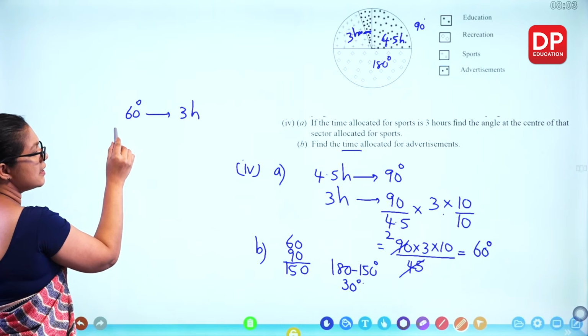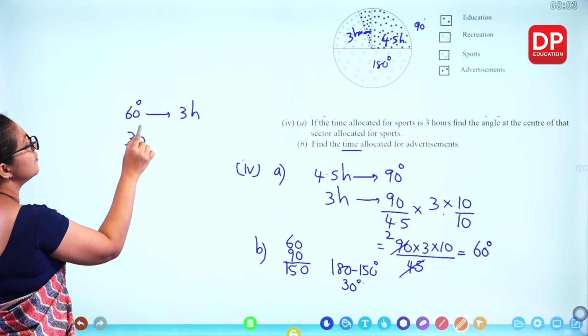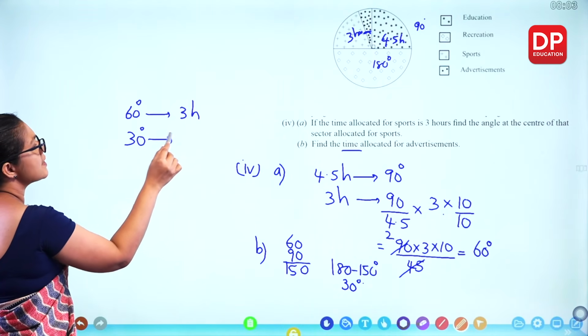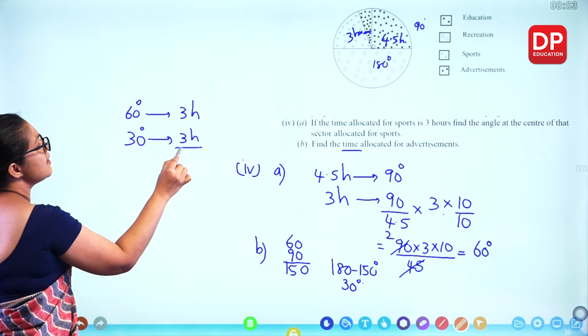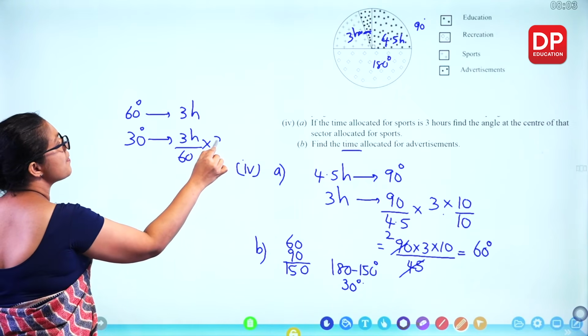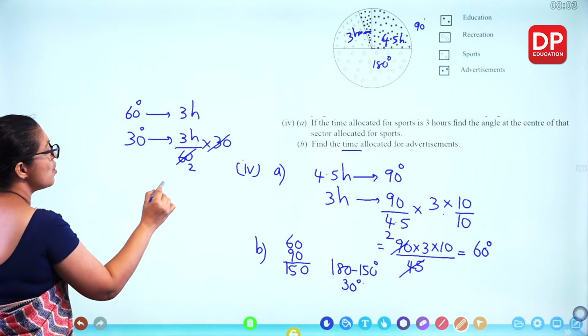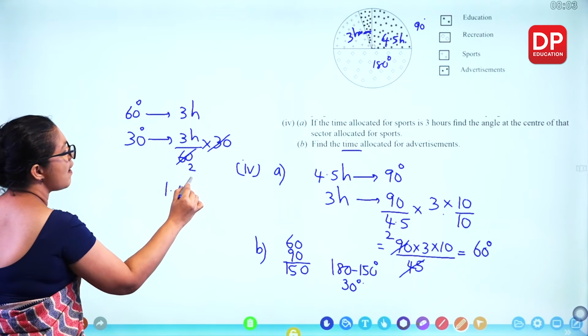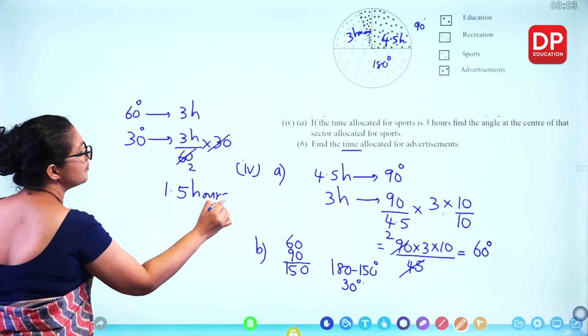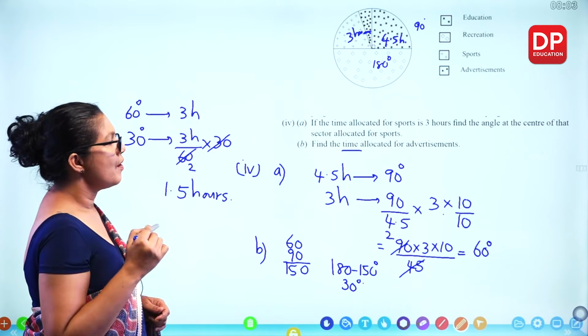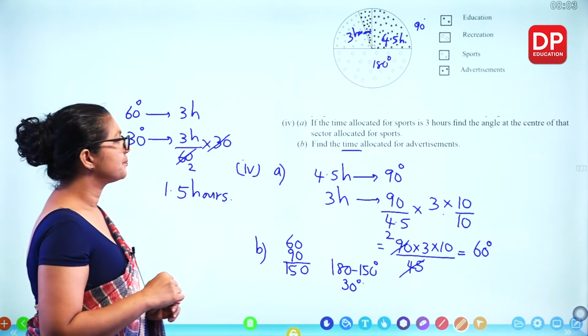What about 30 degrees now? Half of that. So 3 divided by 60 multiplied by 30. That means 3 divided by 2. You get 1.5 hours. That's for advertisements.